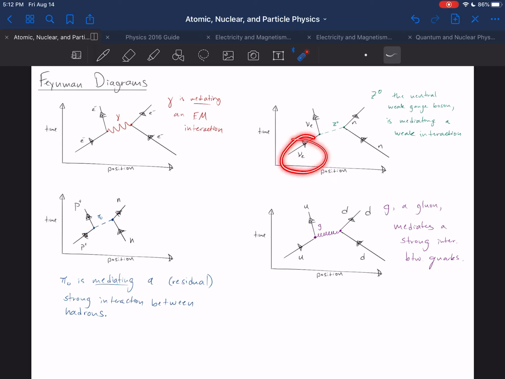Remember that neutrinos, as leptons, do not interact via the strong force, and the neutrino is also neutral, so it is not going to interact via the electromagnetic force either, which means the only way for this neutrino to interact with this neutron over here is through the weak interaction. And in fact, this is how we detect neutrinos. The neutrinos have to be incredibly close to the nucleons for us to see this sort of interaction.